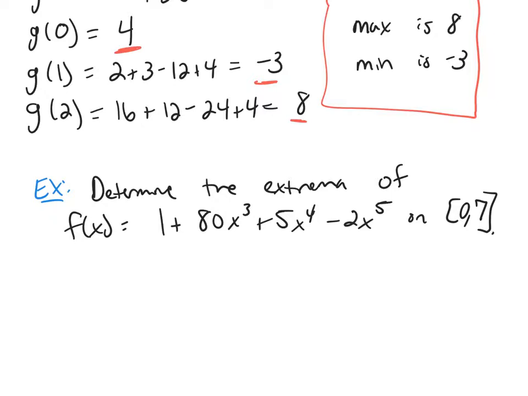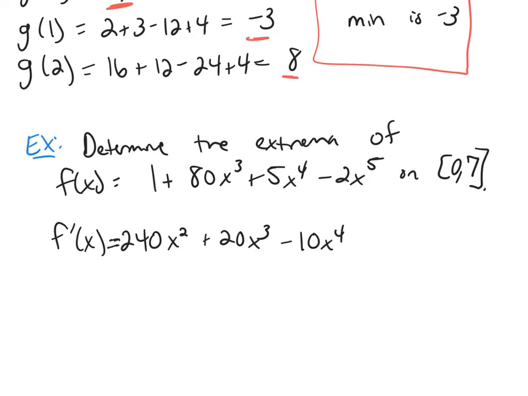So the first thing we're going to do is take our derivative. We get 240x squared plus 20x cubed minus 10x to the 4th. This is a polynomial, so it's always defined. So I just need to set this equal to 0 and solve.